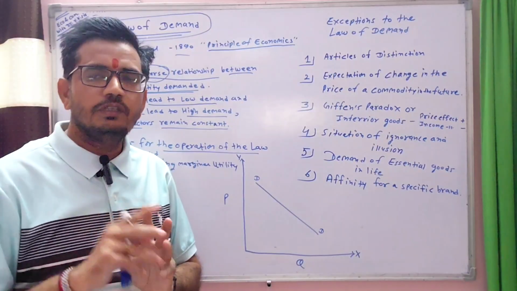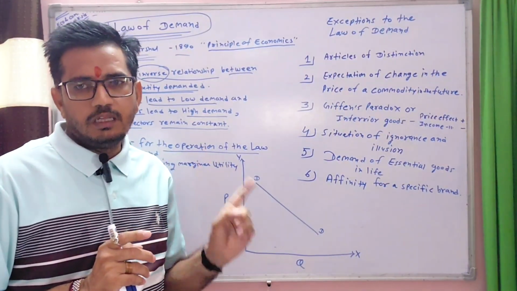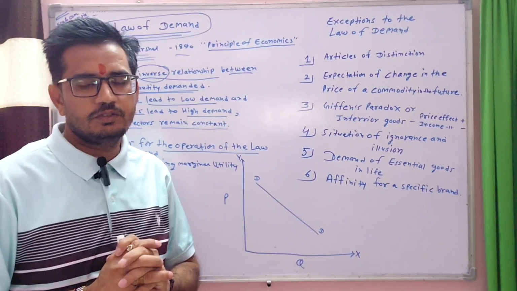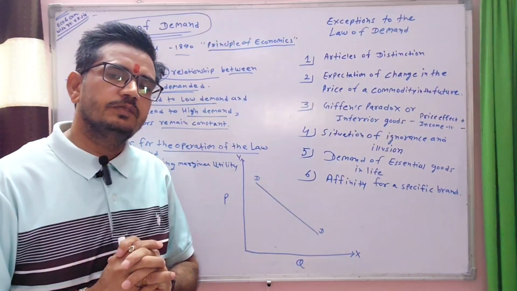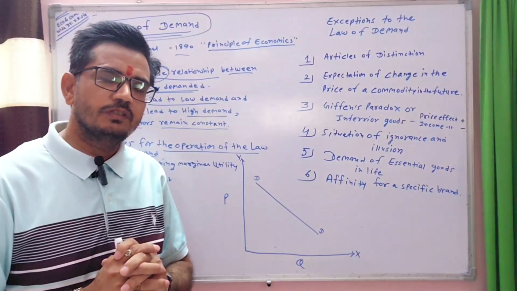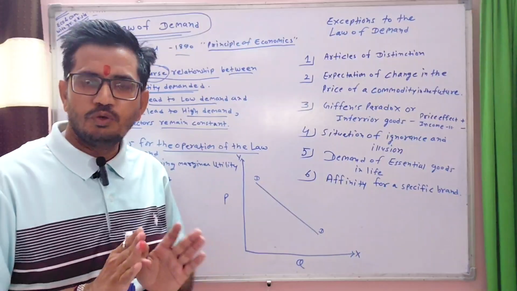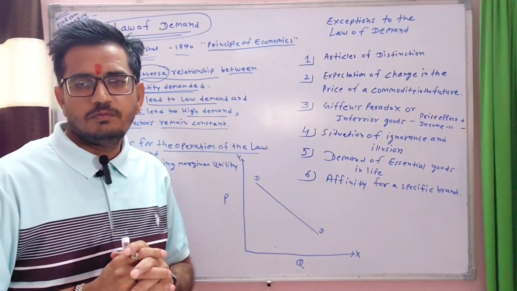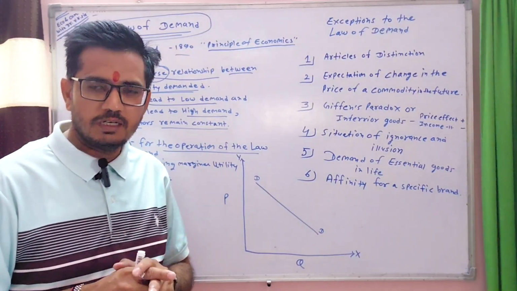But one thing should be cared for: other things remain constant. So what are other things? Prices of related goods will be the same, no change, and consumer income will be constant, no change.